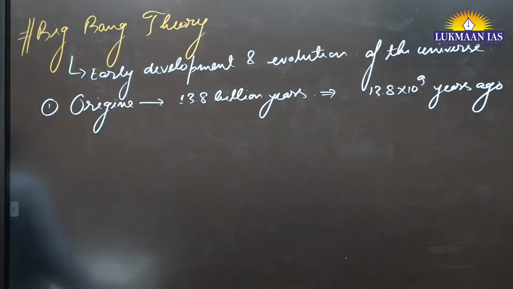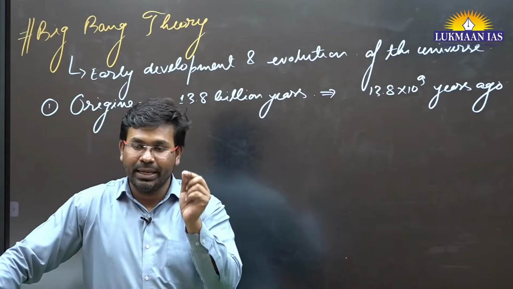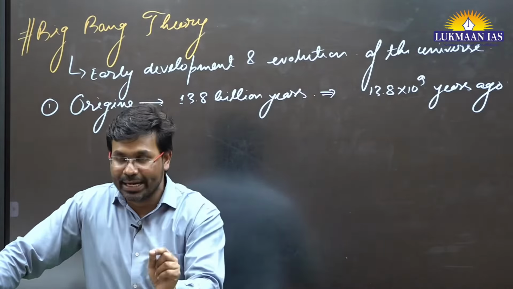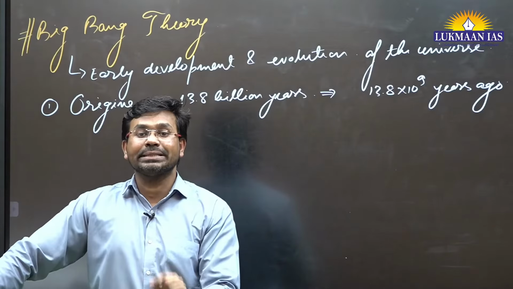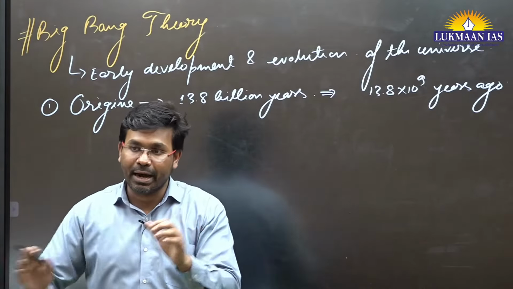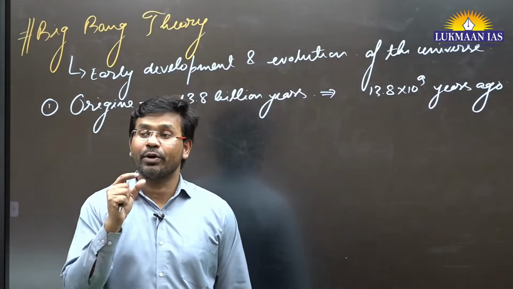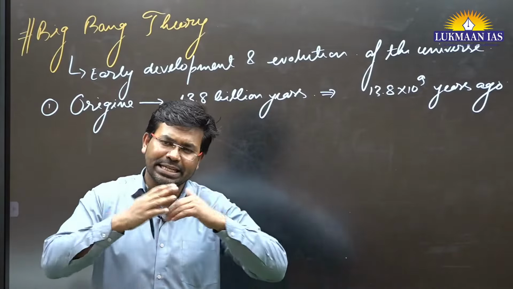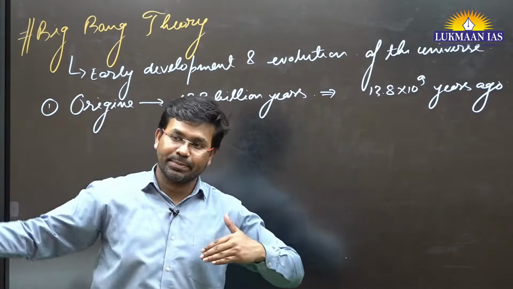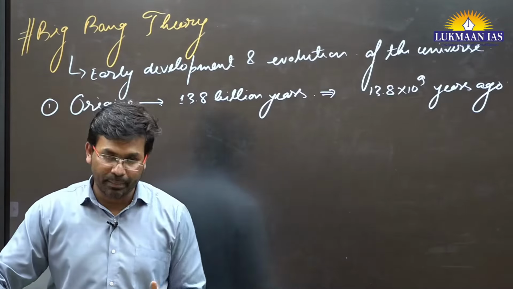So after this, what has happened? It started from a single point, and that single point is known as singularity, and that single point has infinite mass, it has infinite density. It exploded. After explosion, within a fraction of a second, it expanded so much that it led to the creation of subatomic particles.